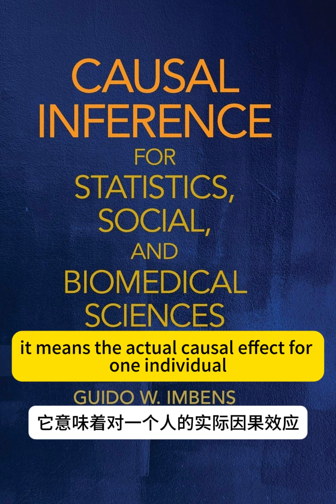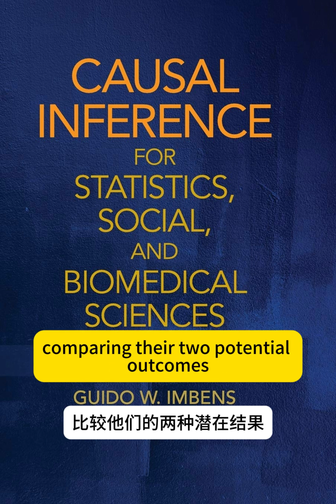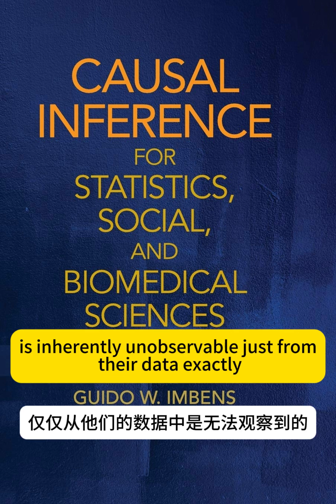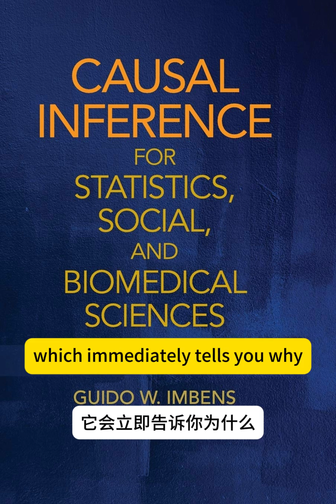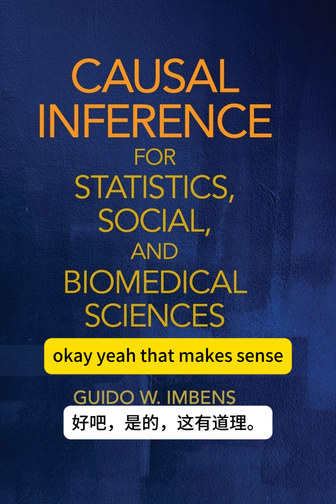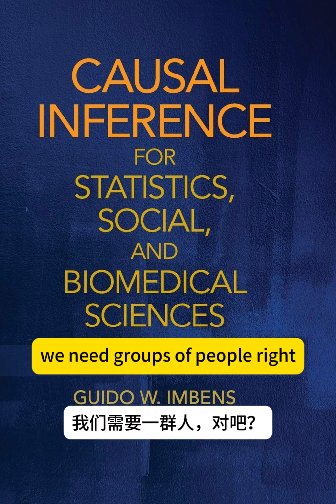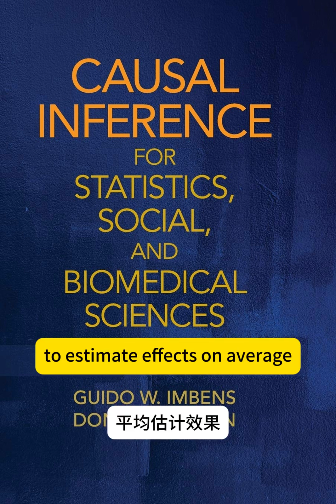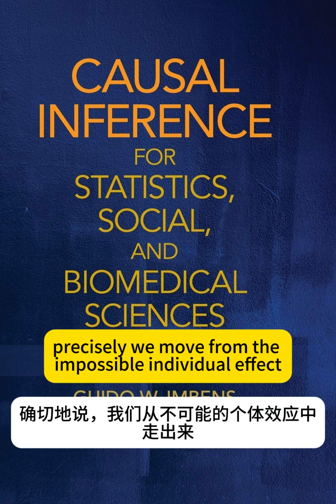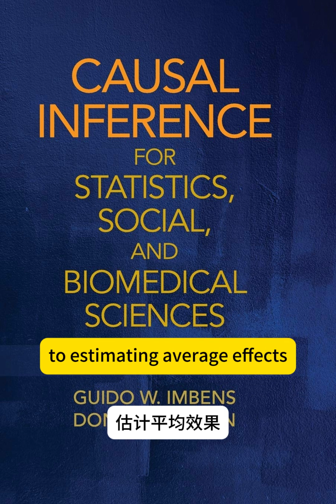It means the actual causal effect for one individual, comparing their two potential outcomes, is inherently unobservable just from their data. Exactly. Which immediately tells you why we need more than one unit. Okay, yeah, that makes sense. If we can't nail it down for one person, we need groups of people to estimate effects on average. Precisely. We move from the impossible individual effect to estimating average effects.